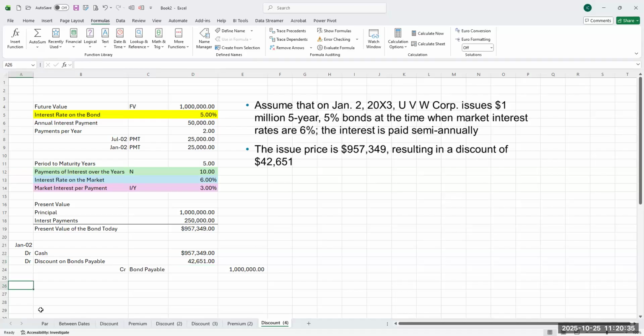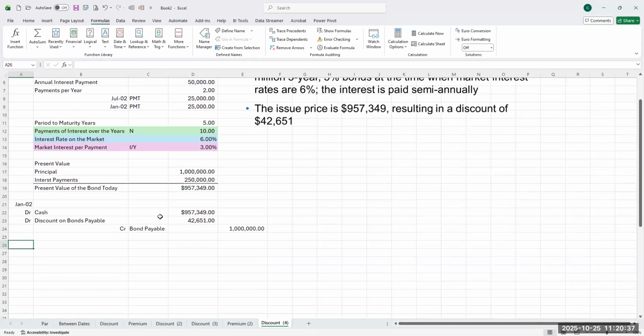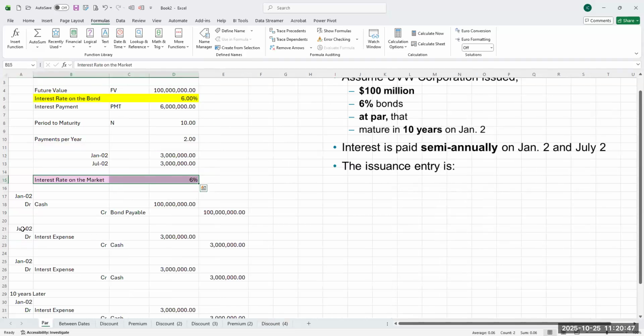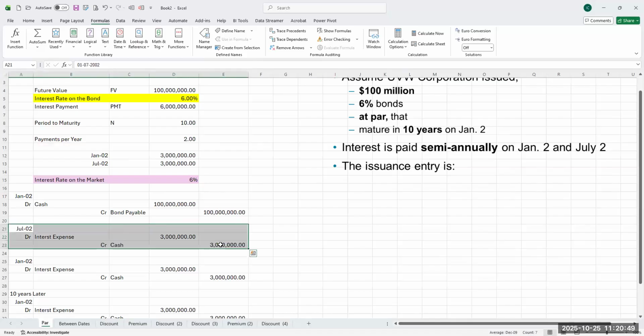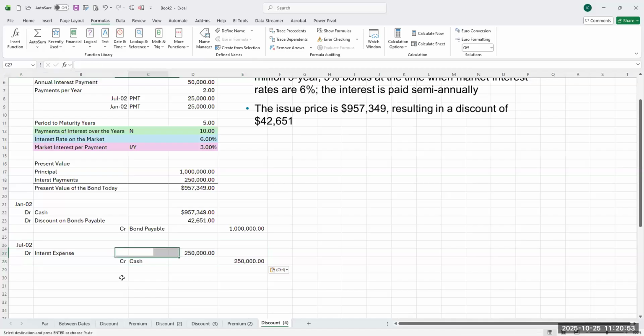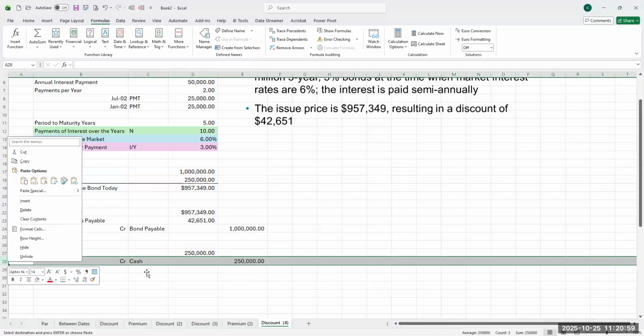Every time, I do this on the date of the issuance of the bonds. Every time on the payment date, I'm going to have a journal entry similar to the one we did when it's par, which will be on July 2nd. I'm going to copy this and move it here. We're going to have this journal entry here with slight modification.